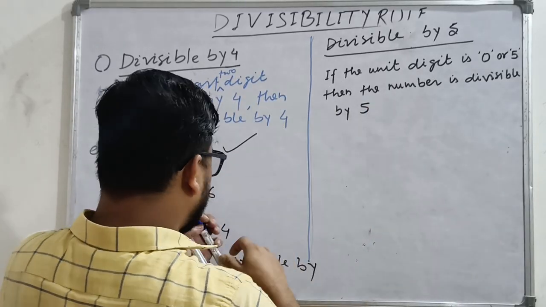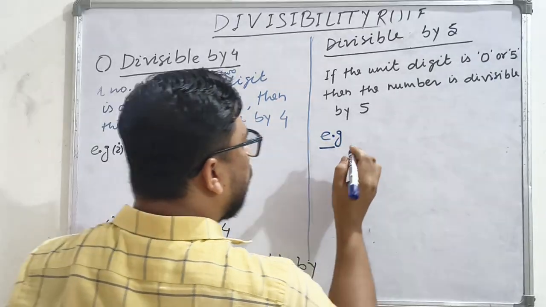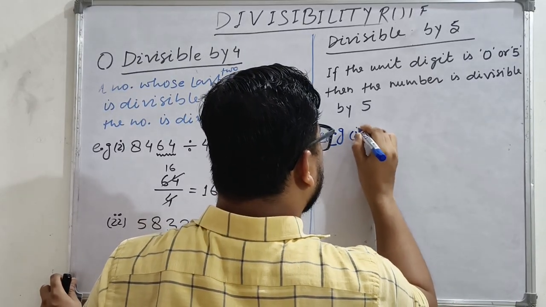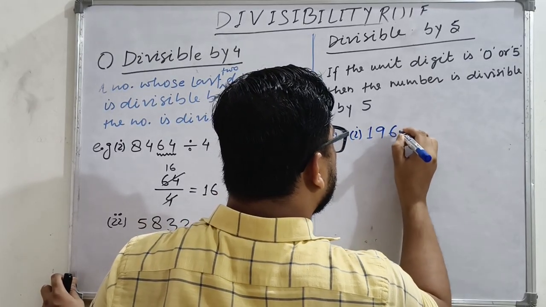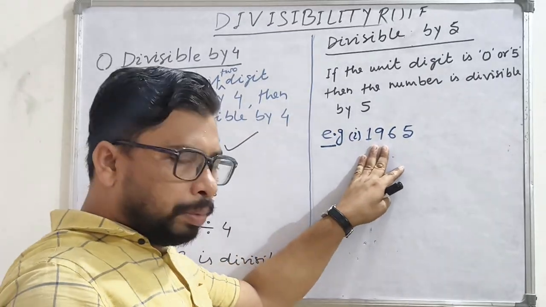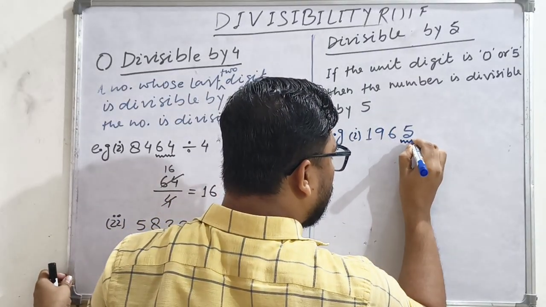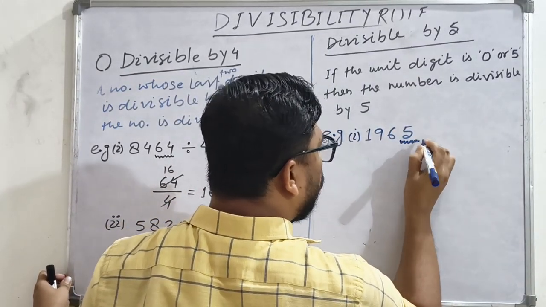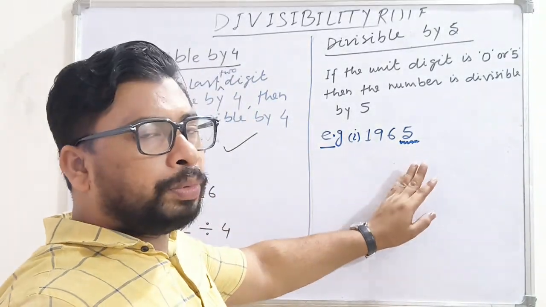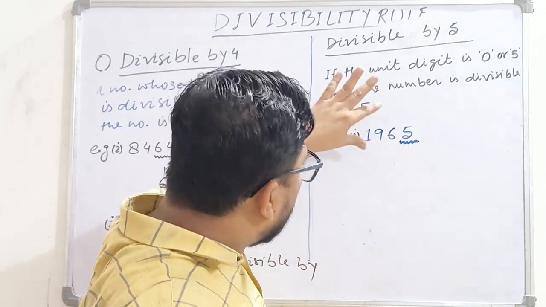For example, 1965. Is this number divisible by 5 or not? You have to check only the last digit, or the unit digit, of the number.